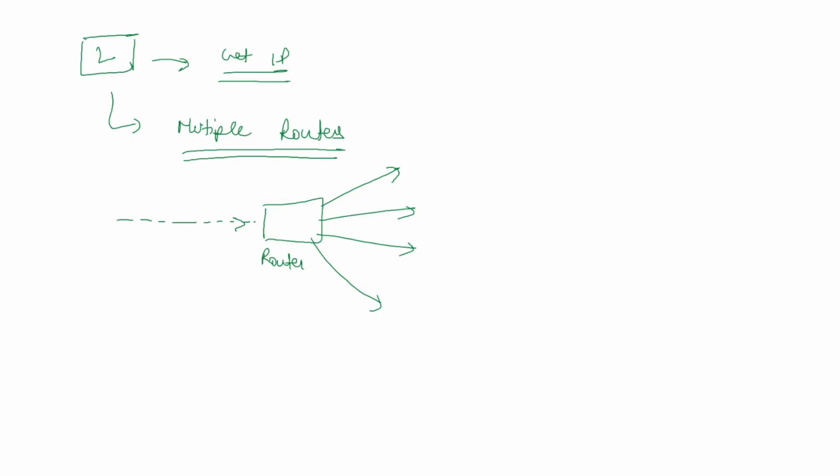So the post office will redirect that letter to UP's main post office, and then UP's main post office will redirect this letter to the Lucknow area, and then the Lucknow area post office will probably send it to some other area like Hazratganj or some sub-area within the Lucknow locality, right? So that's how the router also works. Once we get the letter to the router, a router will forward the letter to another router. This other router will again forward the letter to some other router, and it will keep on going until we reach the destination IP, or basically the destination server.